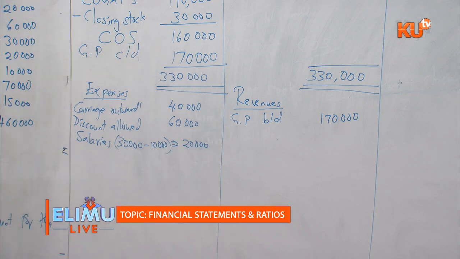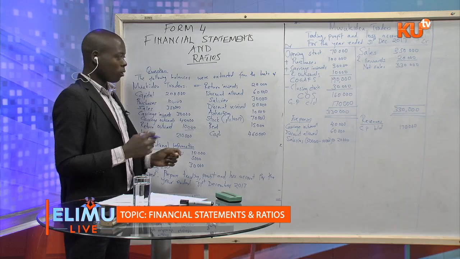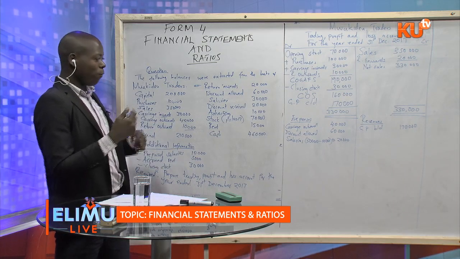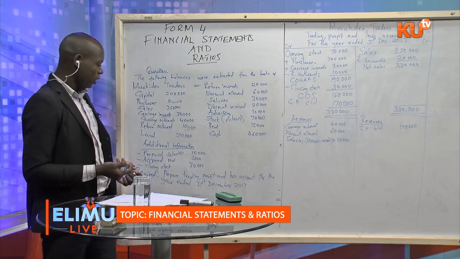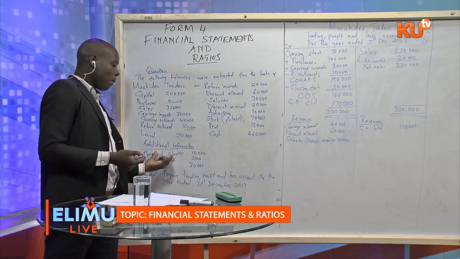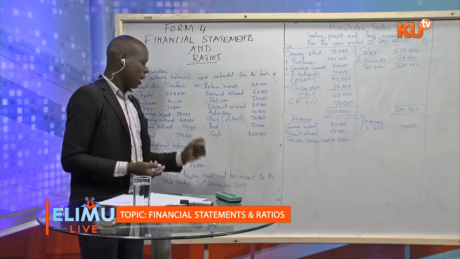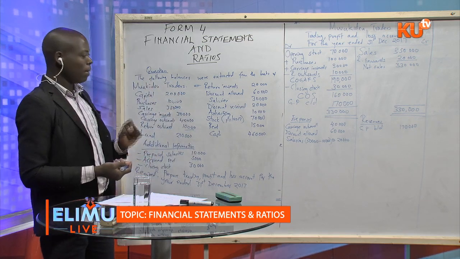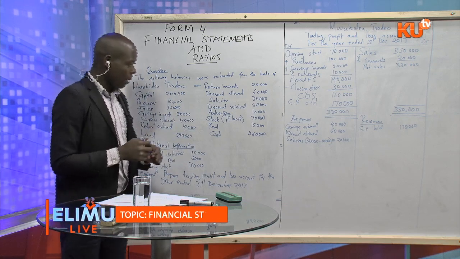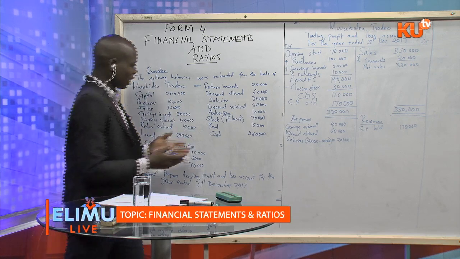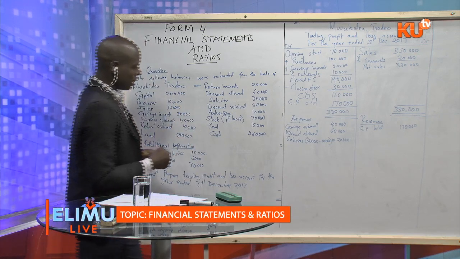So the salaries is 20,000, not 30, because of the prepayment. Then if we had been asked to prepare a balance sheet, we will transfer prepaid salaries to the balance sheet as a current asset, meaning it will be debited on the balance sheet. I hope that is clear. Let's go to the next, advertising.